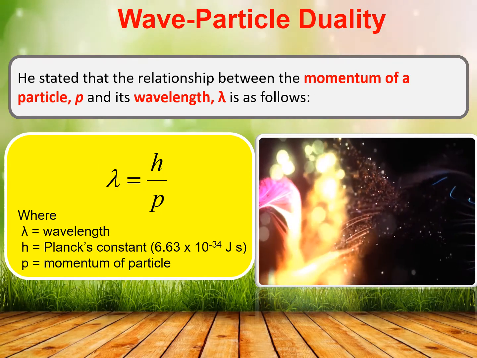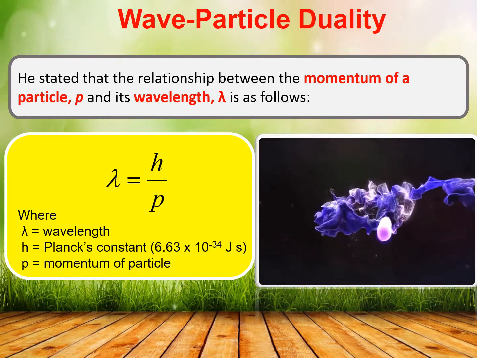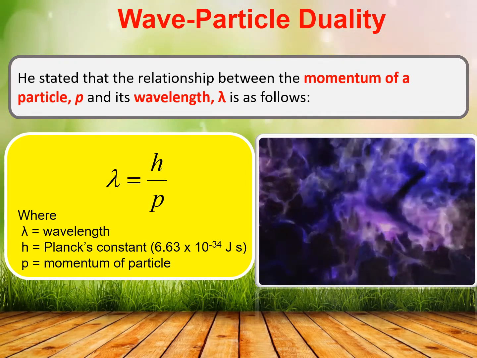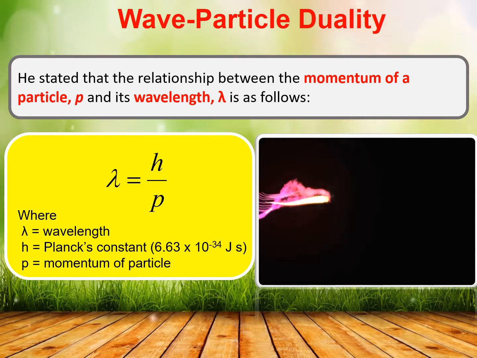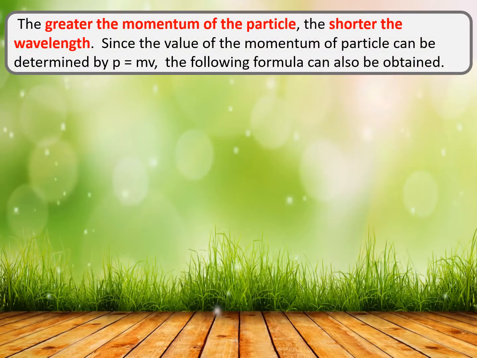Lambda equals h over p, where lambda is the wavelength, h is the Planck constant, and p is the momentum of the particle. The greater the momentum of the particle, the shorter the wavelength.